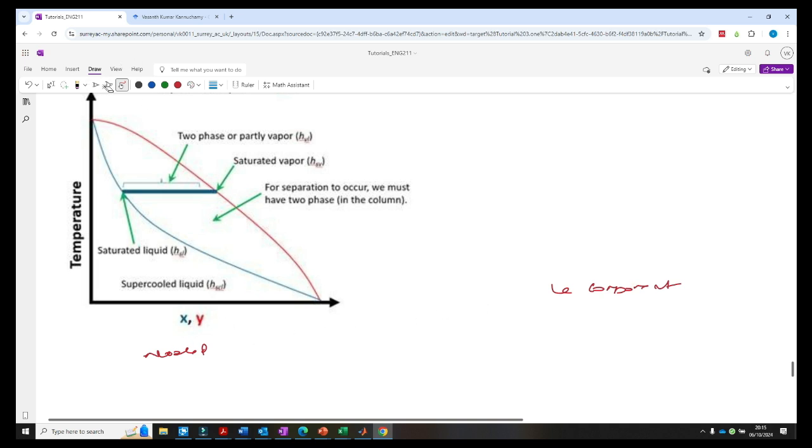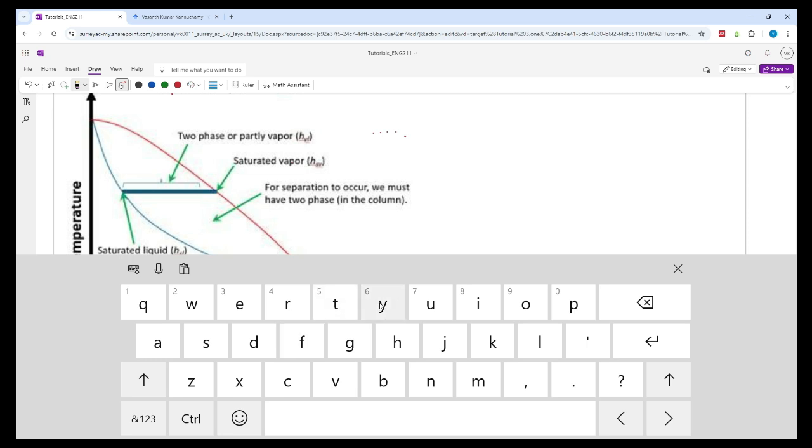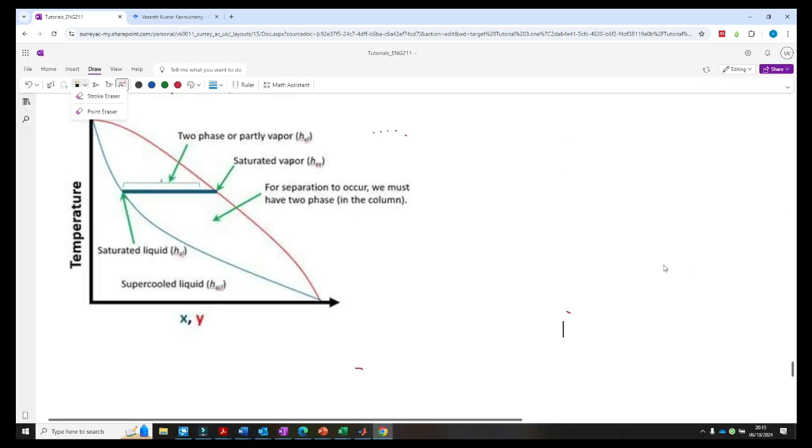Okay, let's go back to the problem. My god, what is this? It's not allowing me to select the pen for some reason. Okay, let's go to the pen.